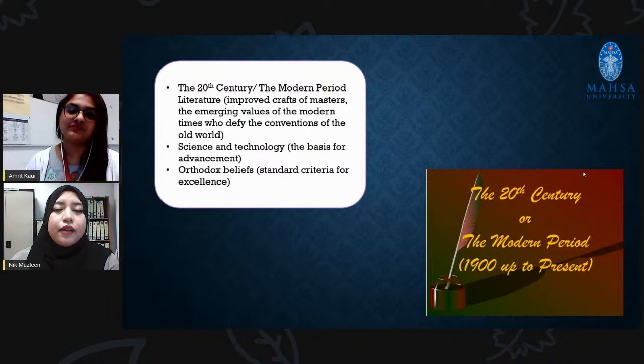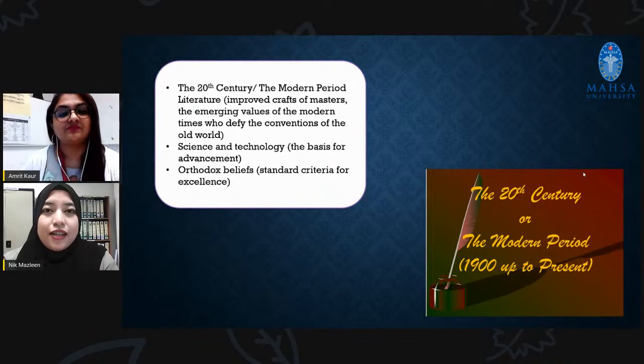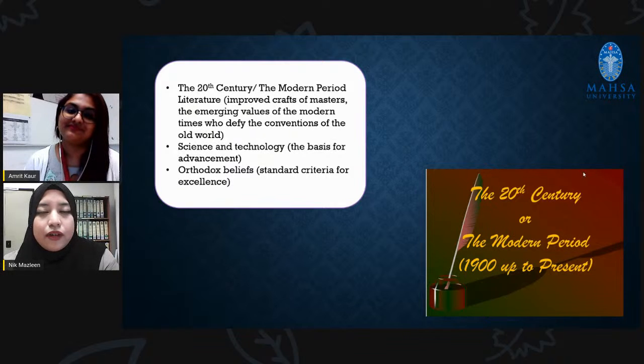So I find it very interesting, especially my favorite author Stephen King, because he loves to write a lot of thriller mystery novels, and the way he uses the language. And Mitch Albom also, he's quite a prominent author. So I really love the 20th century. It's easier for me to understand that way.